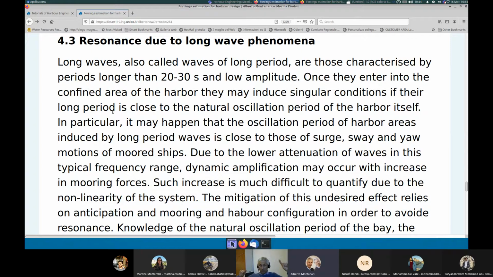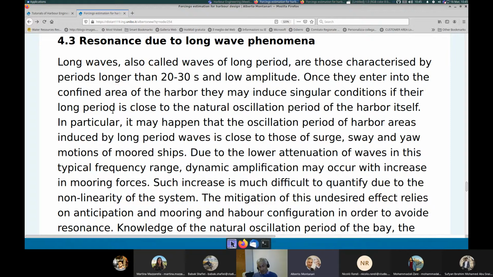It's just one wave that then brings up the water level in the harbor. And then for a certain period you have the water in the harbor that goes up and down, and this up and down has a characteristic period, which is the characteristic period of the harbor.